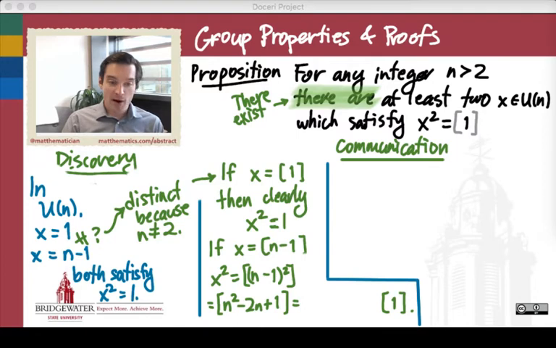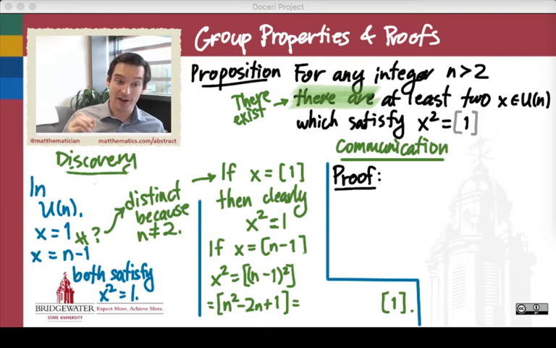So now when the bar napkin needs to be translated into a journal article, or a quiz, or a homework submission, or something, right? There's where we need to worry about communication. And you know that we're getting serious about communication when we write down in capital letters at the beginning of the line the word proof, and underline it or boldface it, put a colon in front of it.